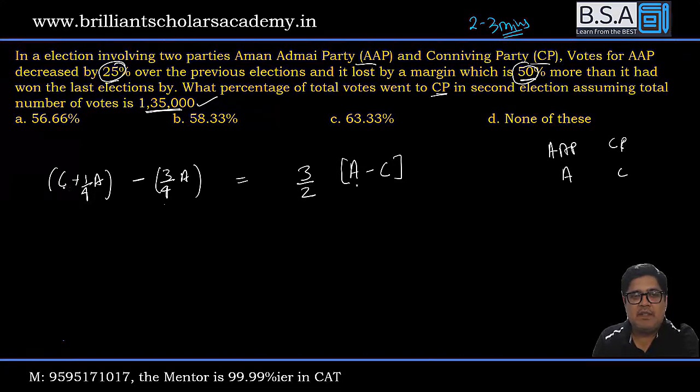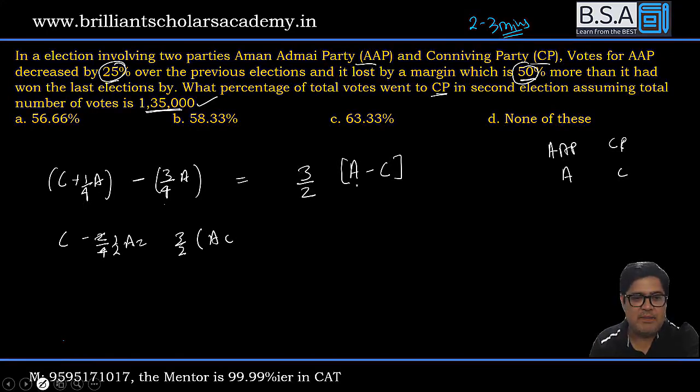So can I say this will become C? This 1/4 will subtract, this will become minus 2/4, which is 1/2, which is 1/2 A is equal to 3/2 A minus C. See, I'm not very comfortable with decimals. I would not want to work with 3/2, 1/2. I would want to work with integers.